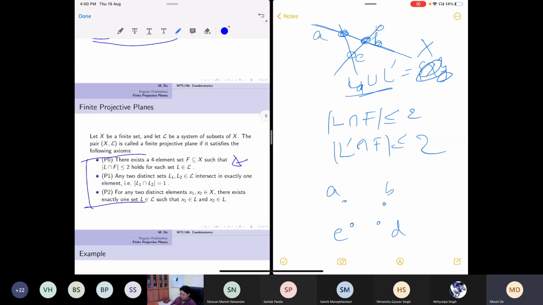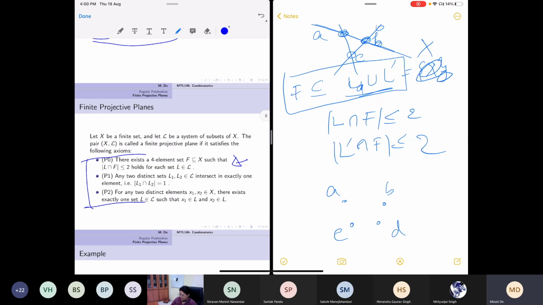Otherwise, F is contained in it. How can it be contained? We know that L intersection F is less than or equal to 2, and L dash intersection F is also less than or equal to 2.